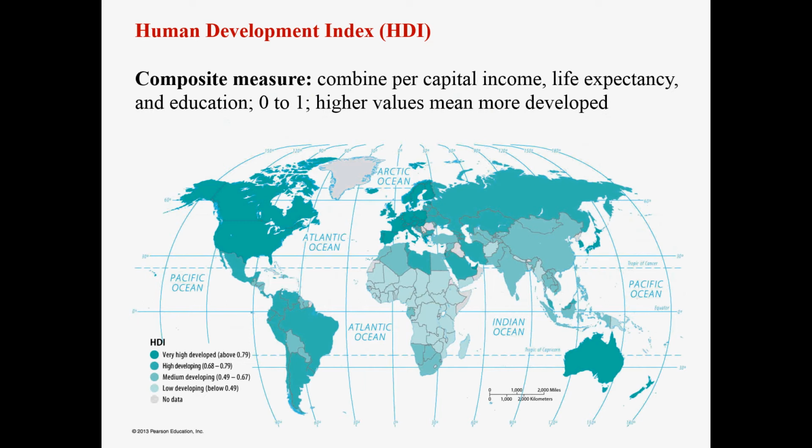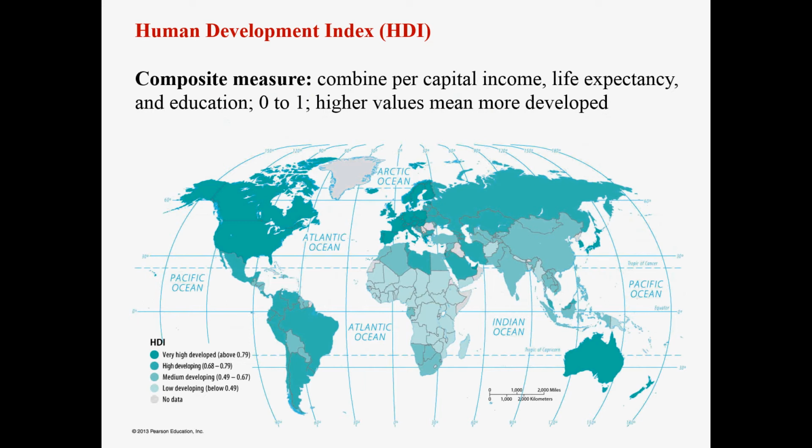Life expectancy really illustrates the quality of a country's health care industry. Education gives people a sense of how well a country develops humans as a resource. So these three important aspects of development are combined within one single index, and that's why it's called a composite index.